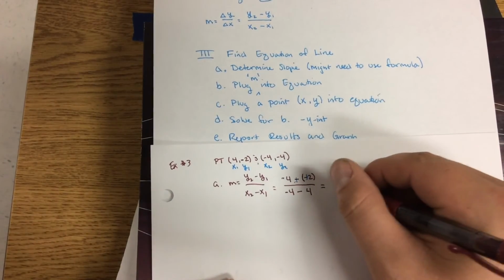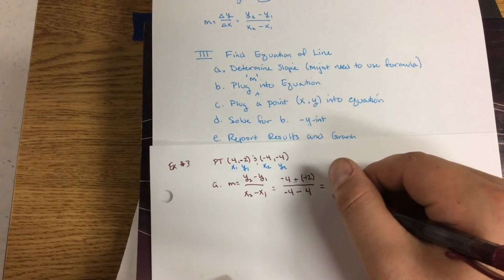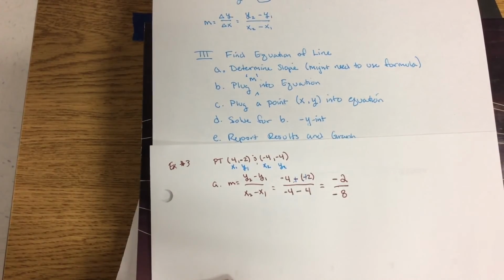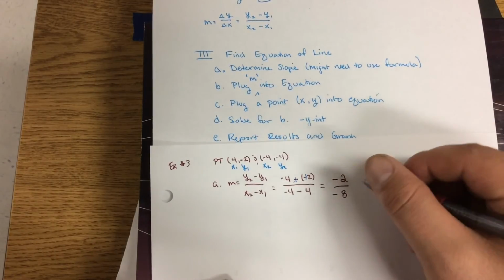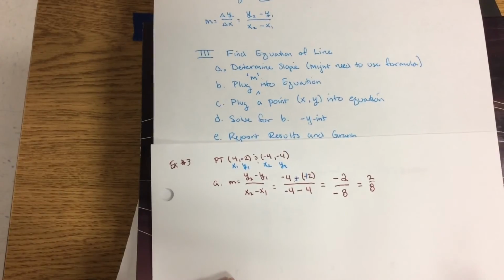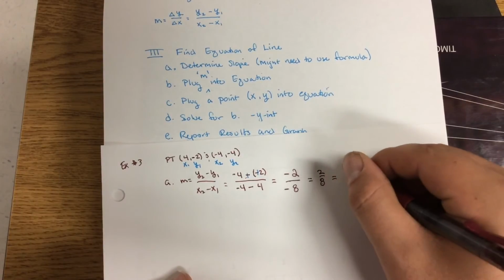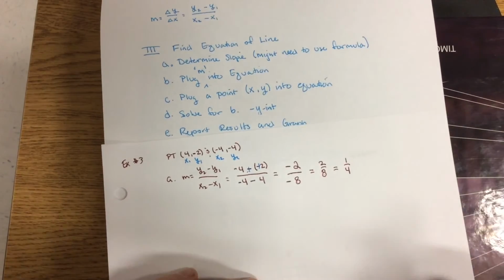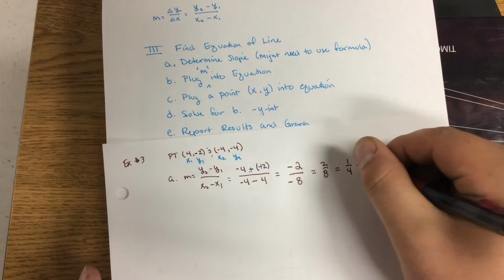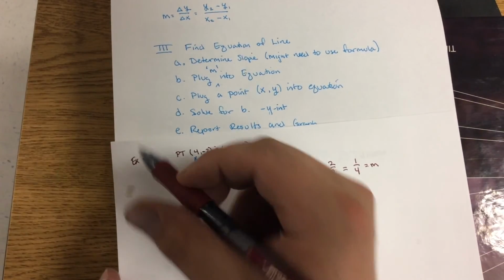And on the bottom here, this is negative 4 minus 4, which is negative 8. Notice I have a negative divided by a negative, so this is actually going to become a positive 2 over 8. And we should simplify this, so we could actually make this a slope of 1/4. Okay, so m equals 1/4, or our slope equals 1/4.